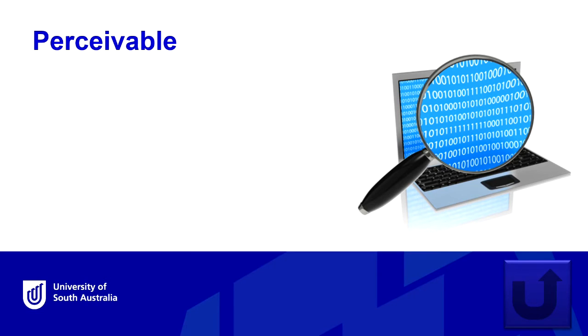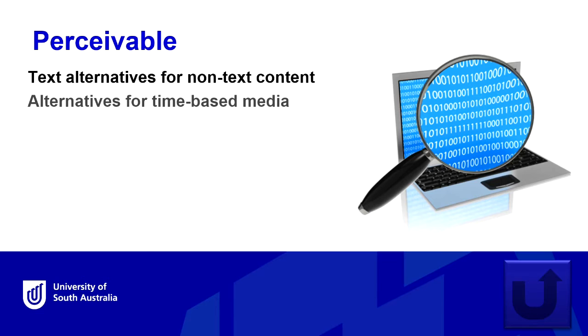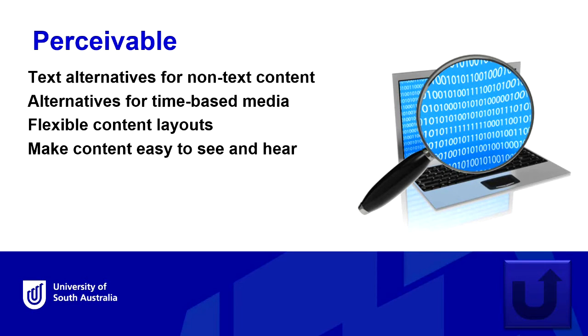The basics of this standard mean creating text alternatives for non-text content, alternatives for time-based media, such as closed captioning for videos and transcripts for audio files, flexible content layout so that content can display well across multiple devices and isn't locked into just one type of display, and making content easy to see and hear by taking things like contrast between colors into consideration for visuals and ensuring that audio is clear and of reasonable quality.